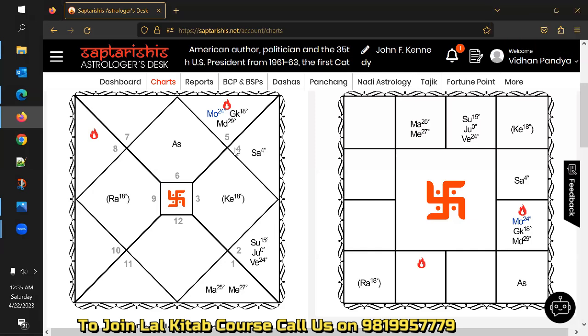I think the dispositor of moon is quite nicely placed in 9th house with Jupiter and Venus. Yes, and again, we are not looking into divisional chart. We are not looking into any other things. We are looking at just what planets are getting activated in which year. If you have to really understand the events, you go look into D10 chart, go look into navamsa, you have so many other factors to review the event holistically.